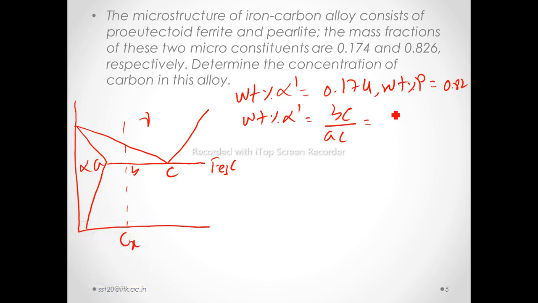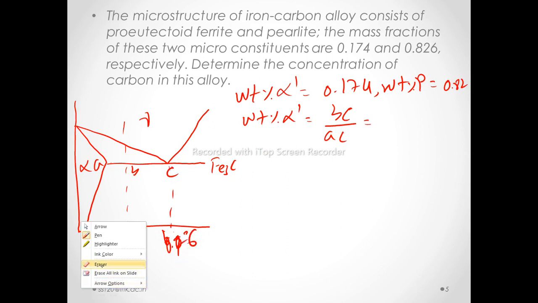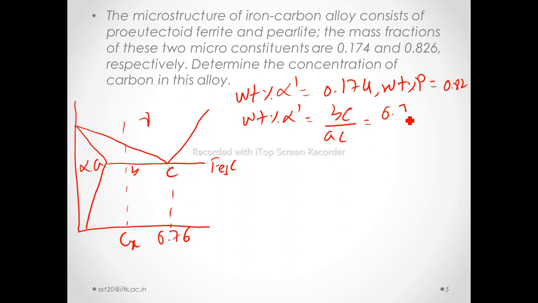Okay. This will be 0.76 minus the x value, divided by the whole distance.